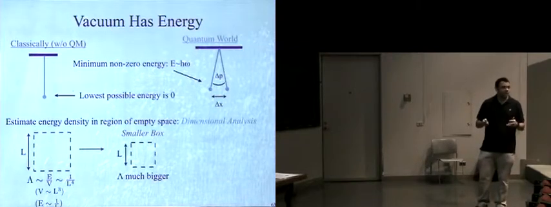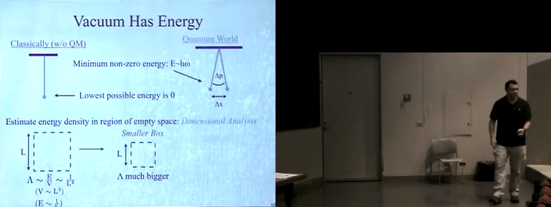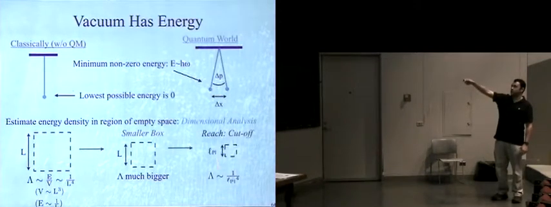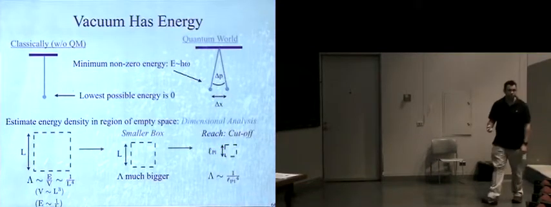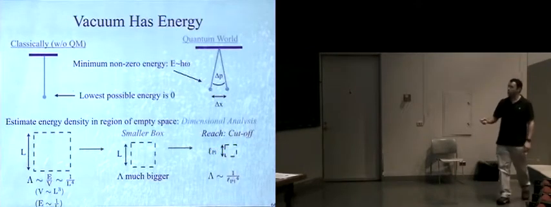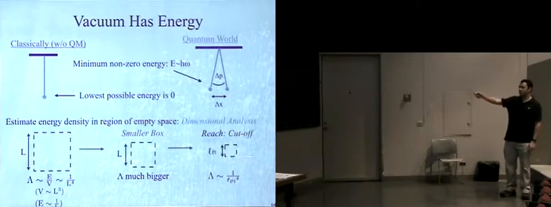Now, of course, we just said that we can't do this arbitrarily small because at some point we think there's a fundamental limit. And so certainly when we get to the Planck length, this naive calculation doesn't work, right? Because we don't know if we can even go to smaller distances than this. So it certainly doesn't make sense to calculate energy smaller than this Planck length.